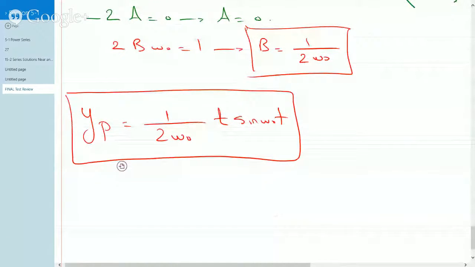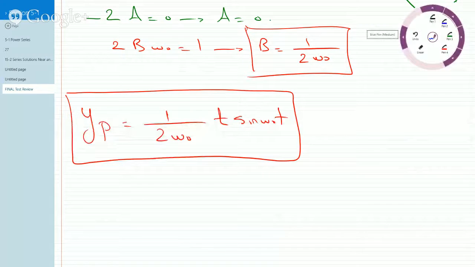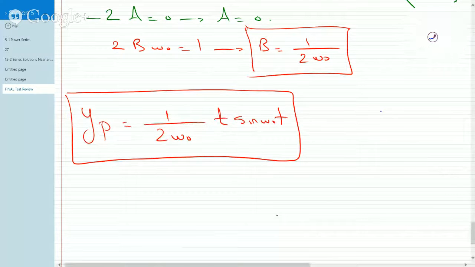And now the general solution is just the sum of the complementary and the particular solution of the differential equation. So we can write down our y general to be y complementary plus y particular.